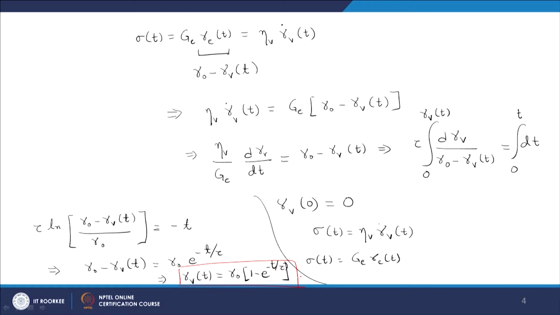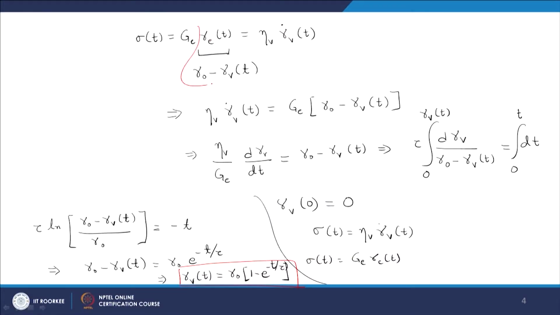Once we have this, we can also get the extension in the elastic element using the assumption that we have made. The extension in the elastic element gamma_E(t) will simply be gamma naught minus gamma_V(t), that is gamma naught exponential of minus t by tau.